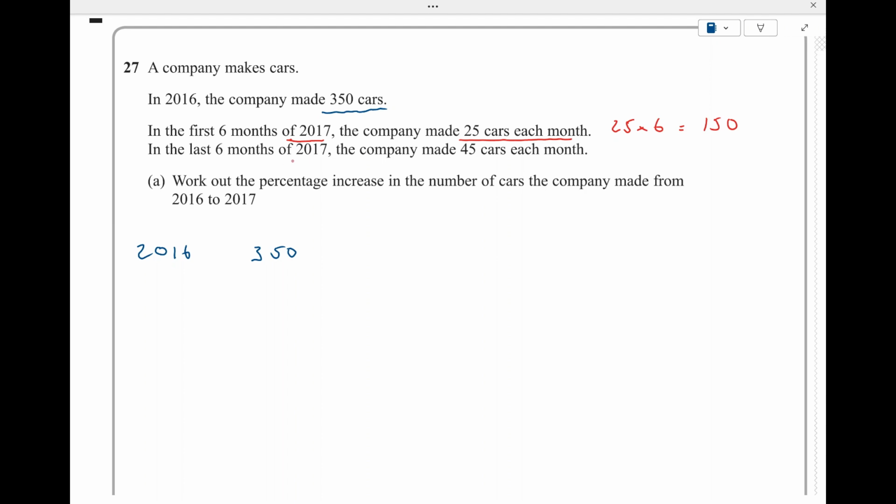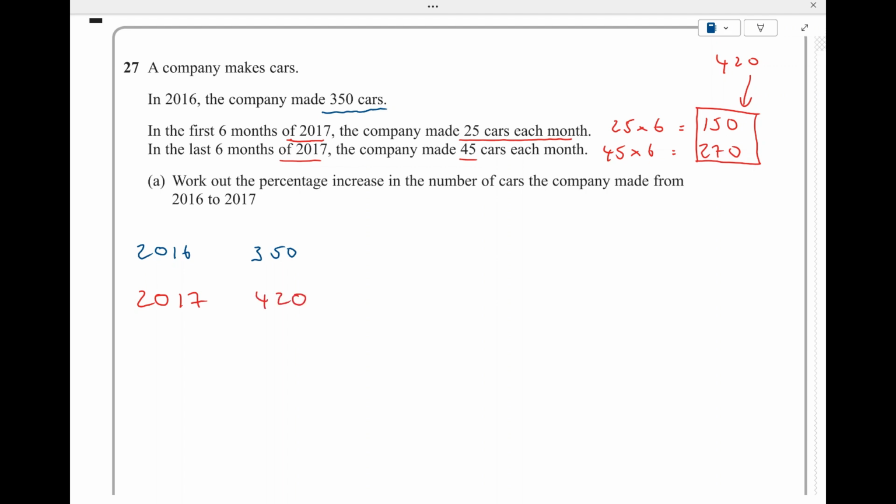In the last 6 months of 2017, the company made 45 cars each month. 45 times 6, so that's 270. So look at that. Altogether, in 2017, the company made 270 plus 150, 420 cars. So in 2017, 420.